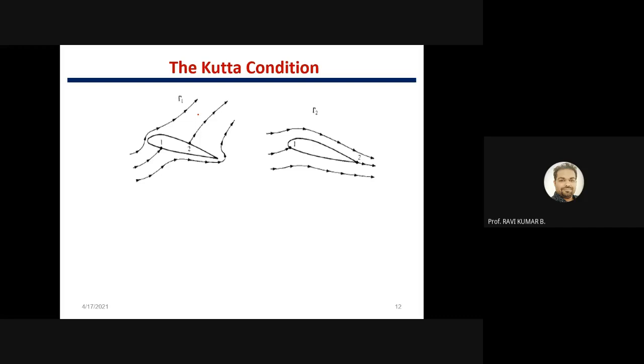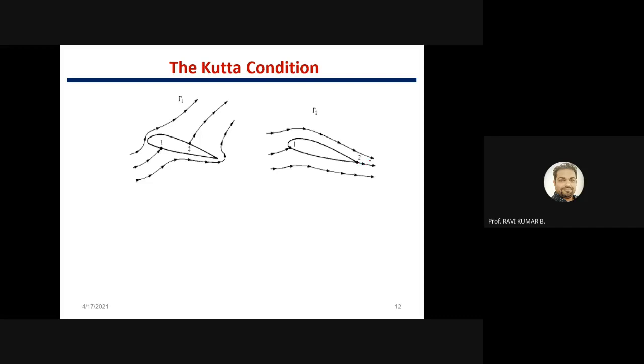Now take another condition. At some value of circulation, this rear stagnation point has moved down to the trailing edge, and the front stagnation point has moved down near the leading edge. So this is the second condition where, due to circulation, your flow is getting separated exactly at the trailing edge. Look at here.